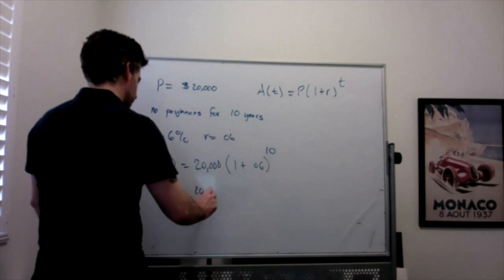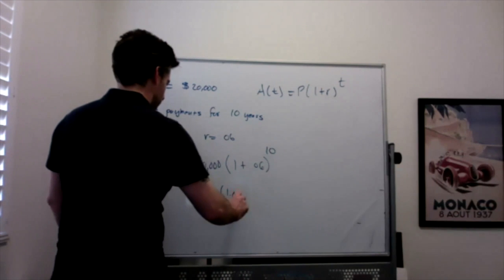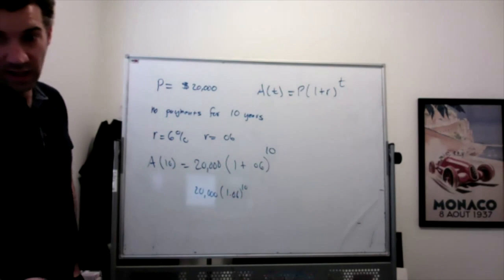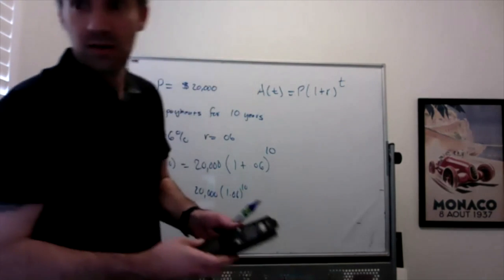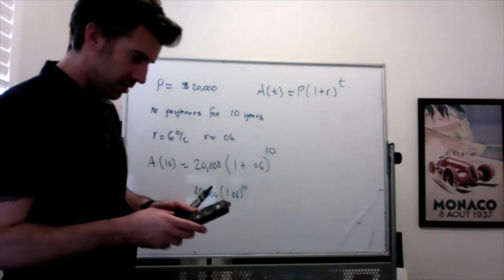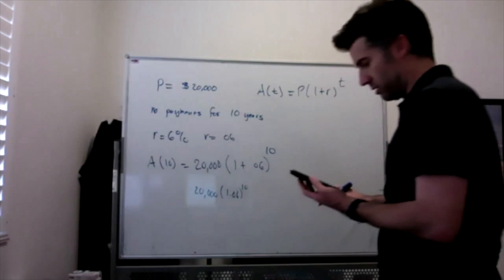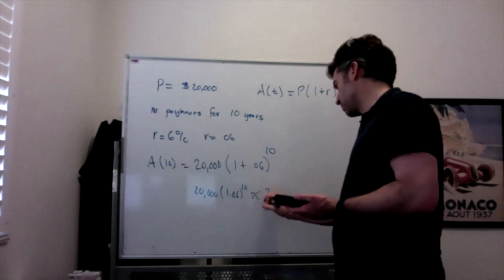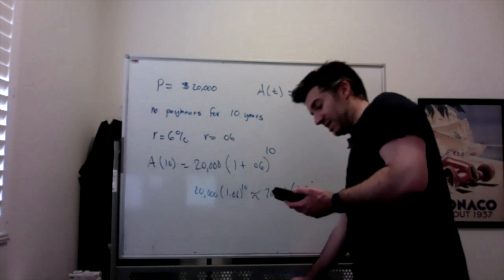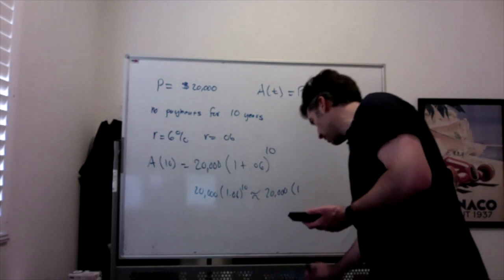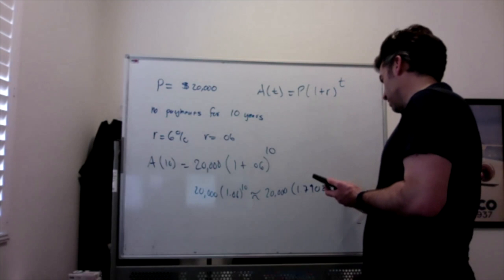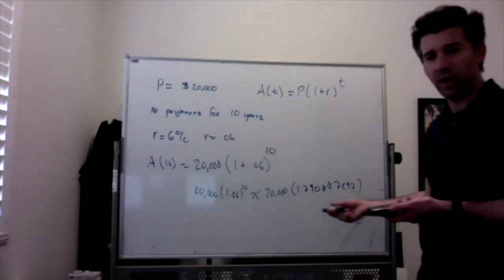So that's 20,000 times 1.06 to the 10th. I'd put 1.06 to the 10th on my calculator, and 1.06 to the 10th power is 1.79084. So I get approximately 20,000 times 1.79084.